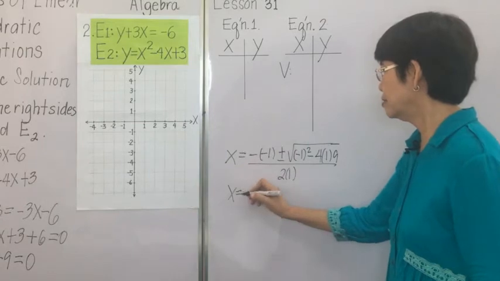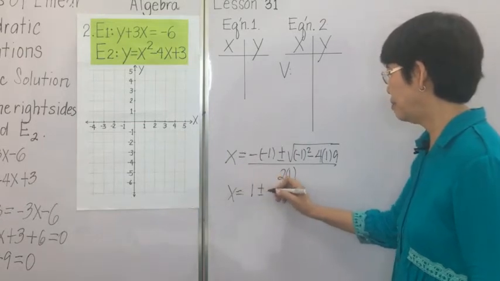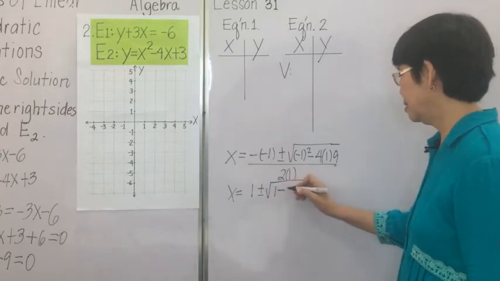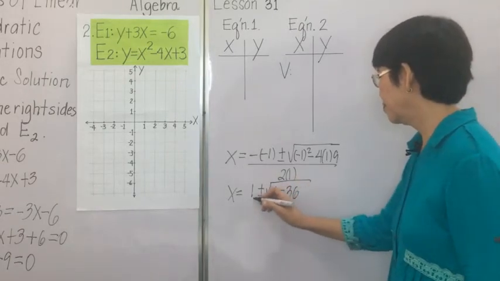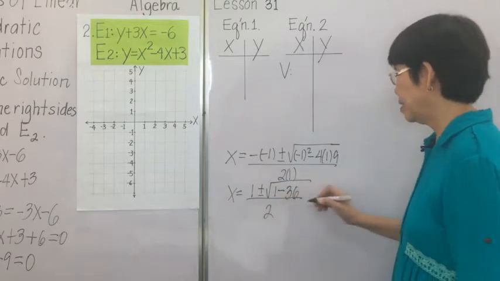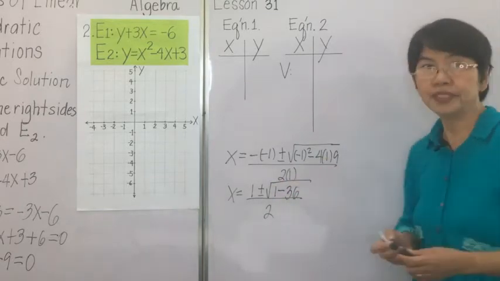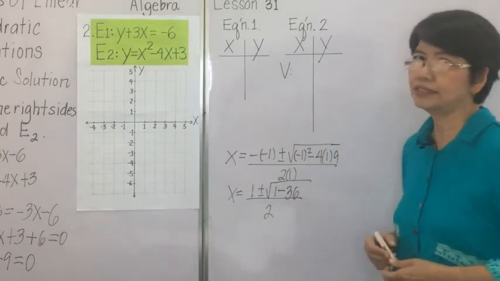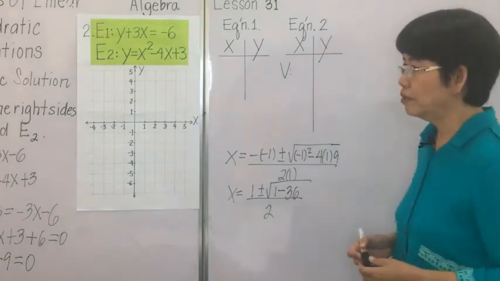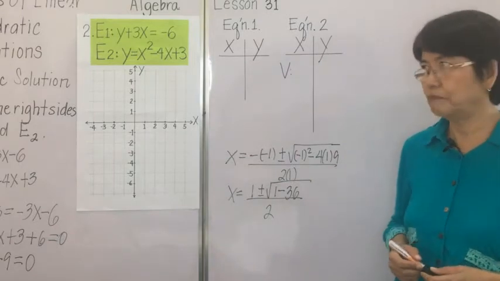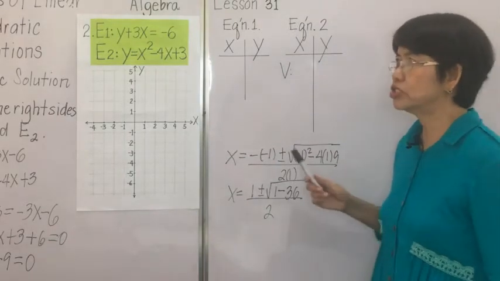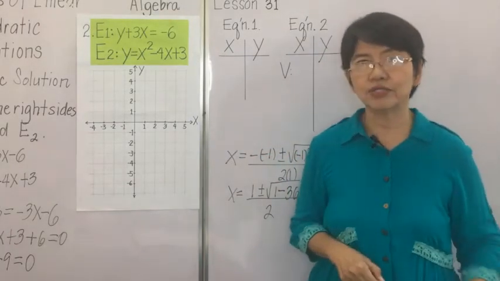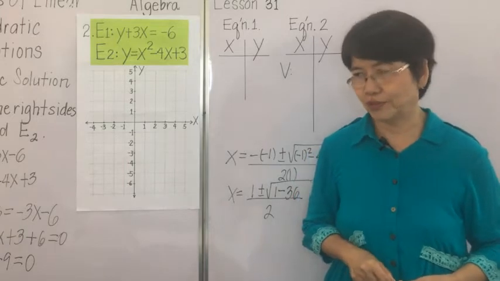And x is equal to 1 plus or minus the square root of 1 minus 36 over 2. And this will yield a negative expression. So our x is not real. We don't have a real solution for this, meaning the system of linear and quadratic equations has no solution.